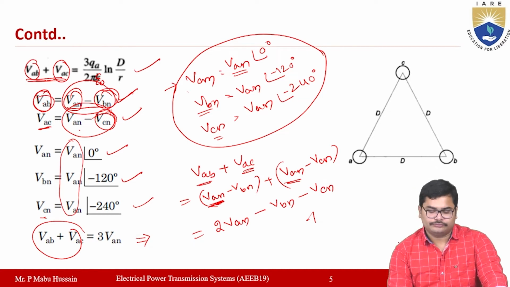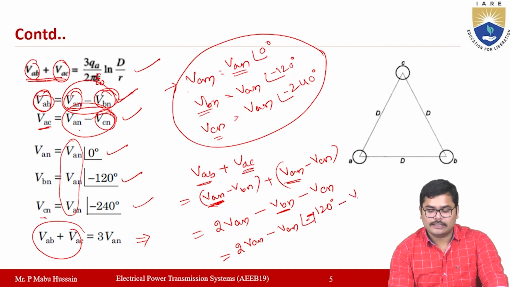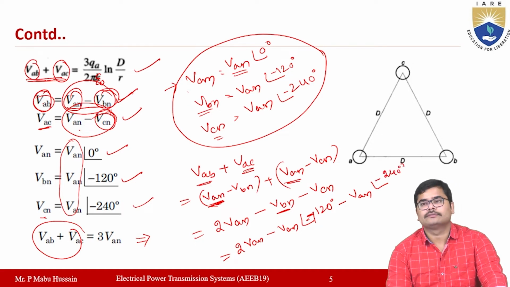Now if you write this, 2 VAN minus VBN is VAN at an angle of minus 120 degrees, minus VCN is VAN at an angle of minus 240 degrees.